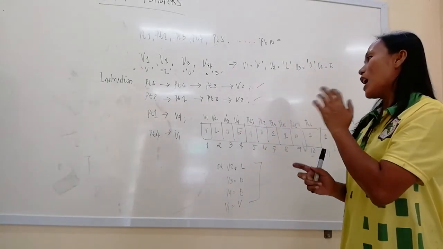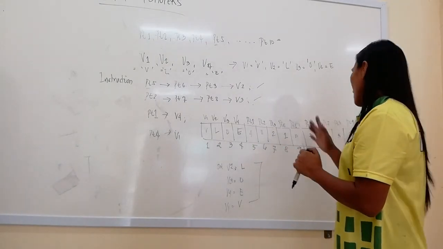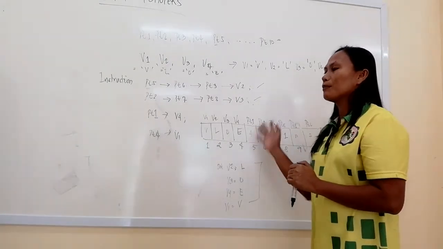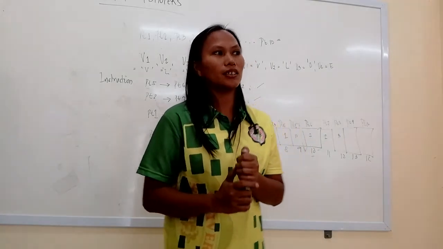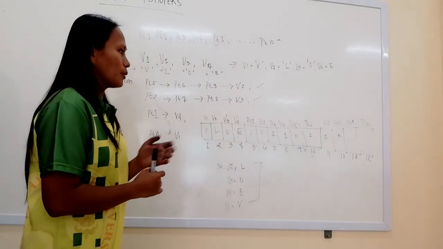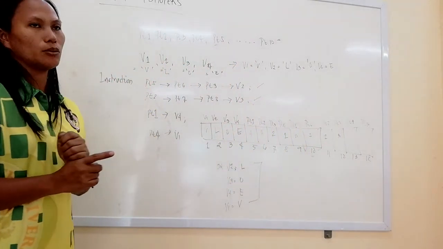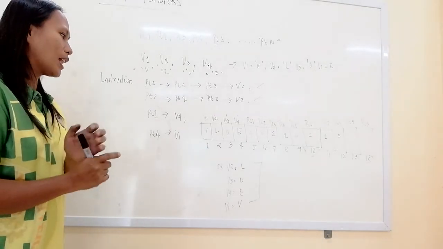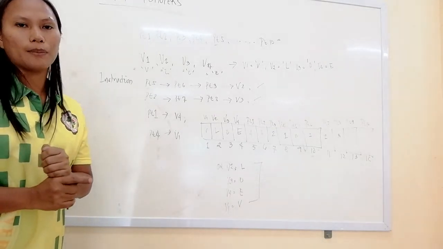Ginawa lang natin na excess yung pointer natin, baka mamaya magdadagdag tayo ng instruction, magdadagdag tayo ng another pointer para maituro yung exact na location of a certain variable or element sa ating program.